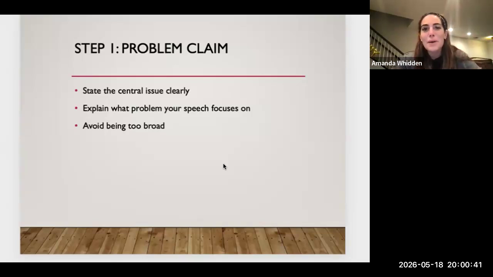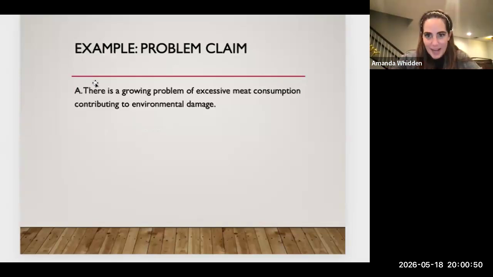So the need step works best when the audience clearly understands the one central problem or concern. For example, if we were to make a claim, and I'm going back to this idea of meatless Mondays: there is a growing problem of excessive meat consumption contributing to environmental damage. I know exactly what's happening.